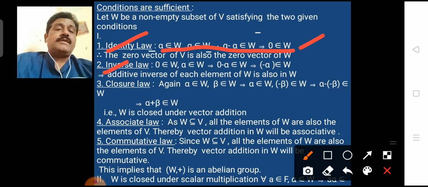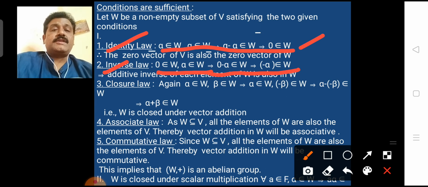In this, we have to prove each element in W has an additive inverse. If 0 bar belongs to W and alpha belongs to W, by using the first condition, we may write 0 bar minus alpha belongs to W, implies minus alpha belongs to W. Here minus alpha is the additive inverse of alpha.